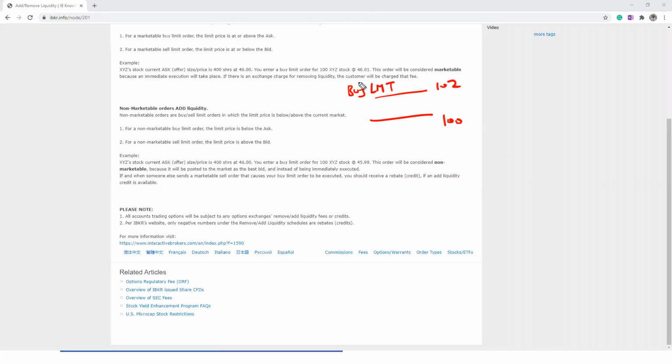You know what will happen? This will execute like a market order and it will execute at 100 itself. Though you are putting a buy limit order, it will execute like a buy market order. It will not go to the order book at all. Instead, it will execute at the best possible price itself. That's how the exchange has been designed.